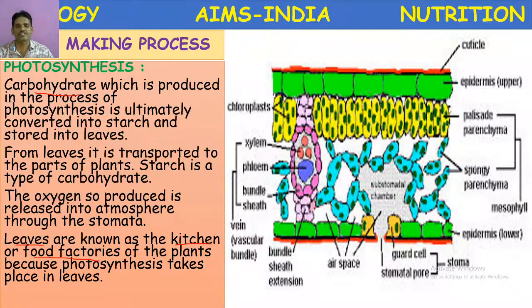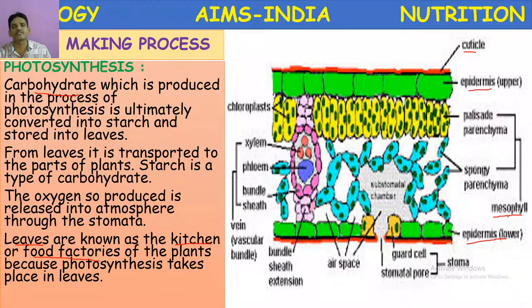The leaf cross section, transverse section, shows two surfaces, upper and lower epidermis. The upper epidermis is covered by cuticle, this red color portion, and beneath the cuticle, epidermis divided into upper and lower. In between this epidermis is the main tissue called mesophyll tissue.